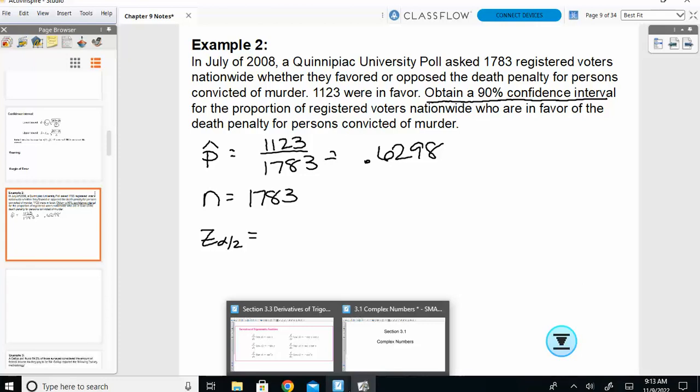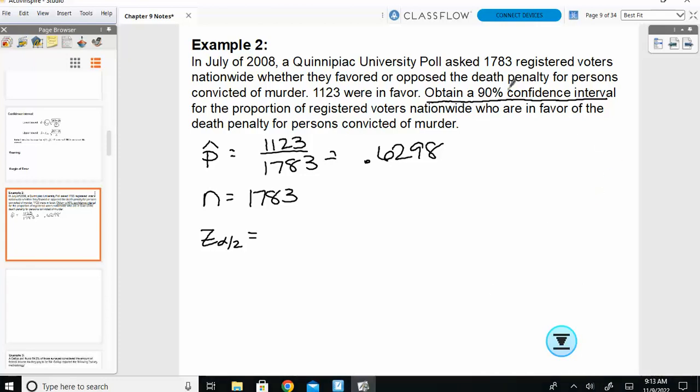Okay, so let's talk about this. Z alpha gives you area to the right, okay? If I'm talking about a 90% confidence interval, I want 90% to fall between these values, all right? So that means how much is left for the ends?